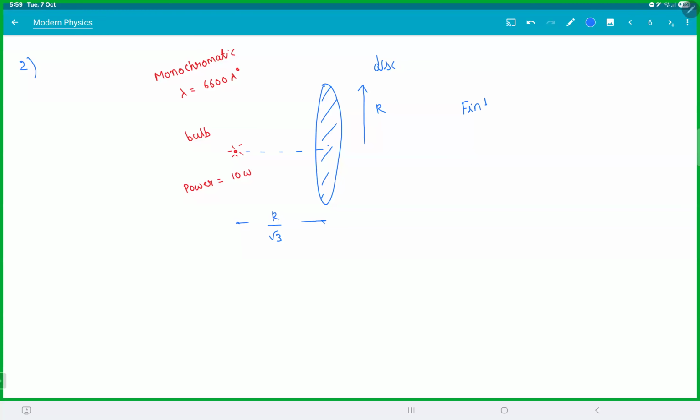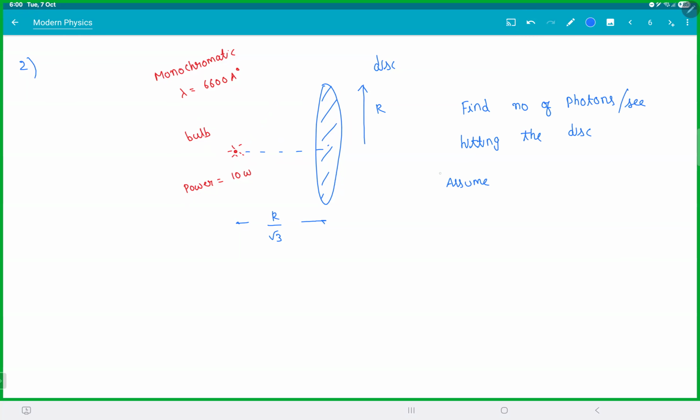Now this bulb is going to emit photons in all directions, so some of them will hit the disk. So how many photons will hit the disk per second? Find the number of photons per second hitting the disk. Assume 5% efficiency of the bulb.